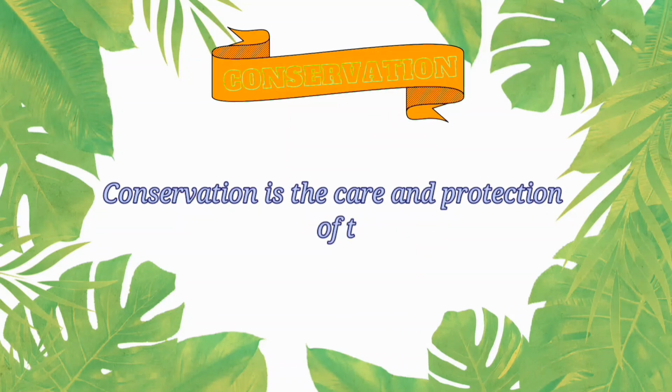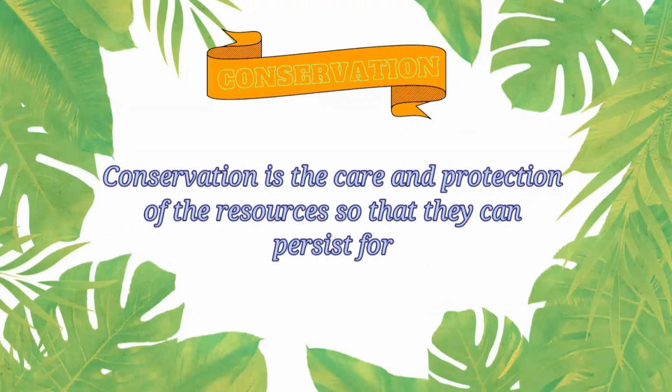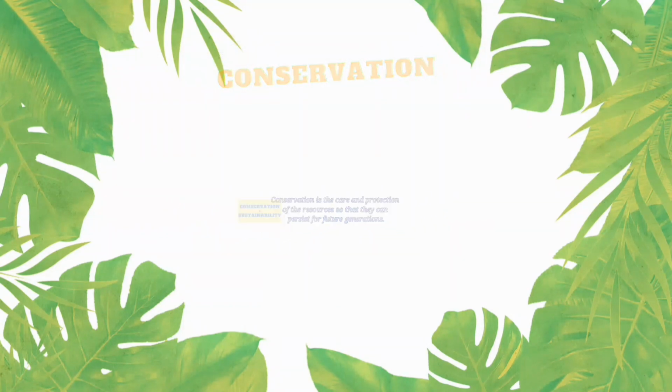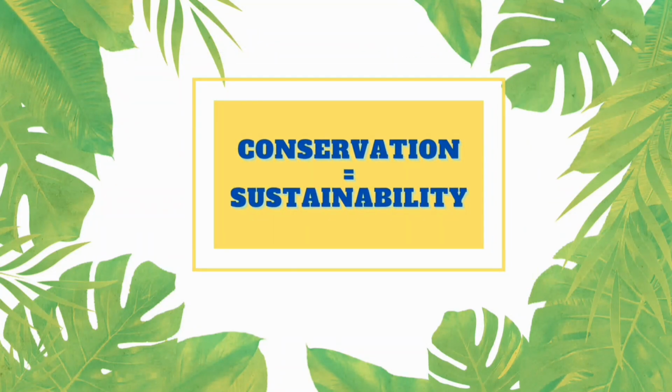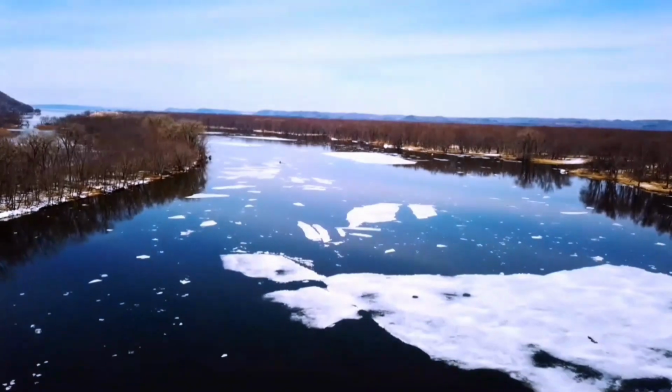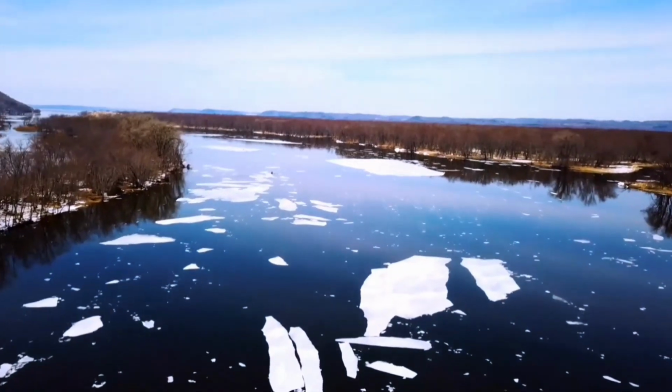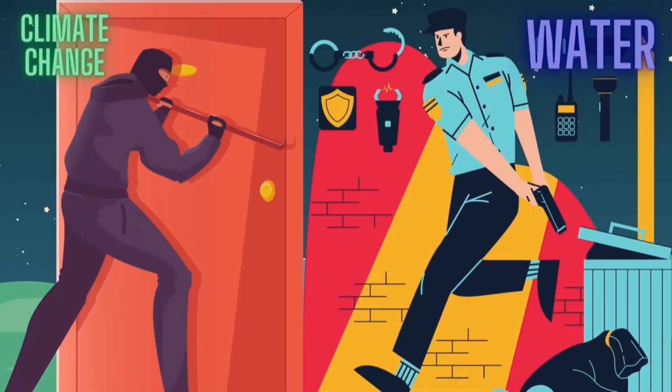Conservation is the care and protection of resources so that they can persist for future generations. In short, conservation produces sustainability. With that being said, the first thing we must do is to conserve water, because water is the number one weapon we need in fighting against climate change, for water plays a significant role in every living thing.